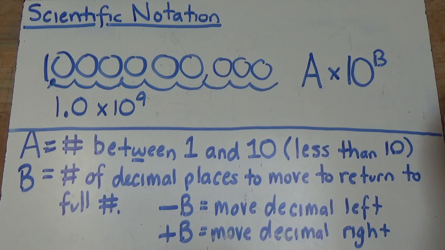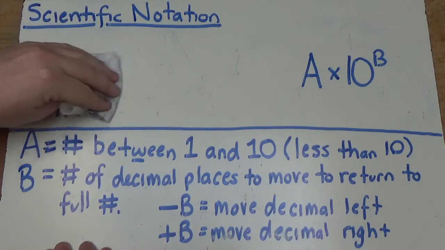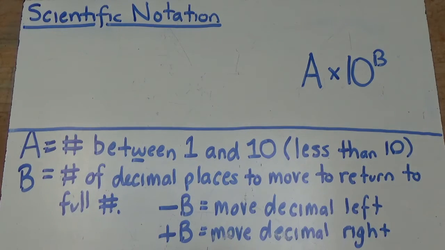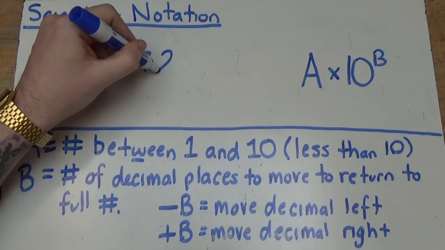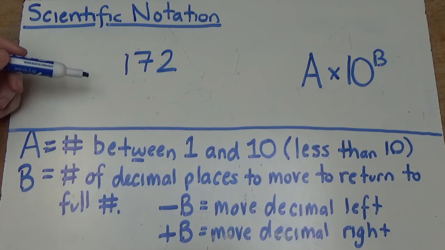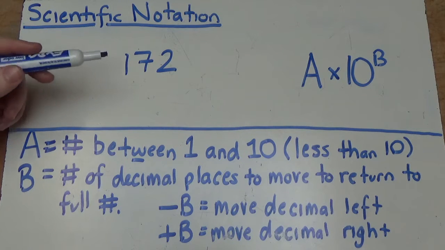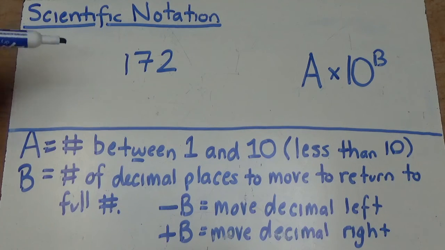Now, let's do a few more examples to make sure we have mastered this skill. The number 172. 172 has 3 significant figures. These are all non-zeros. And I need to write a number that includes all of them that is between 1 and 10.